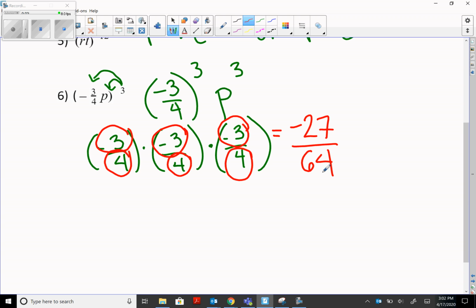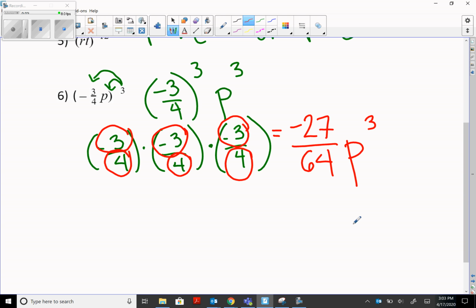So -3/4 to the 3rd power is -27/64. And then, of course, I need to multiply that by the p to the 3rd power. So I can write it like that, where I put the fraction and then I just put p to the 3rd right next to it.